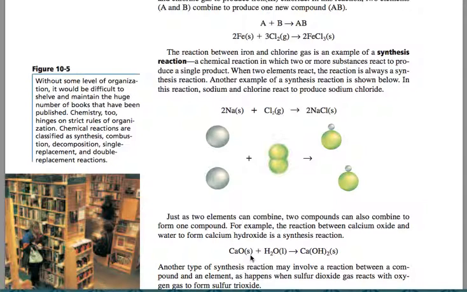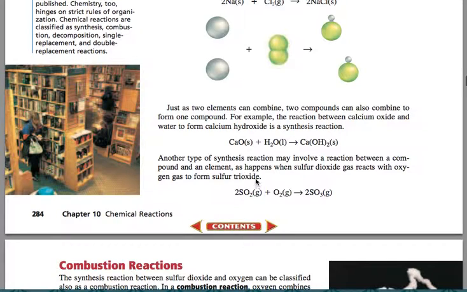Calcium oxide and water react to produce calcium hydroxide. Another type of synthesis reaction may involve a reaction between a compound and an element, as happens when sulfur dioxide gas reacts with oxygen gas to form sulfur trioxide.